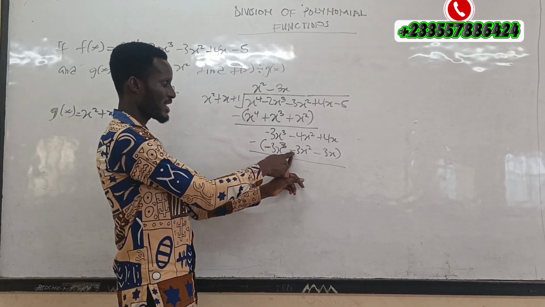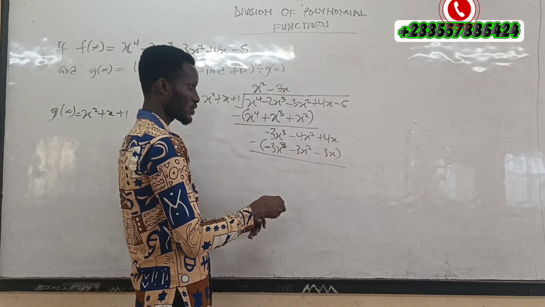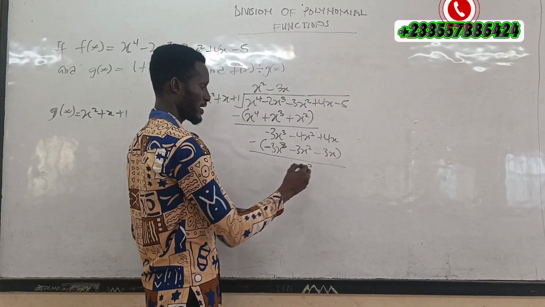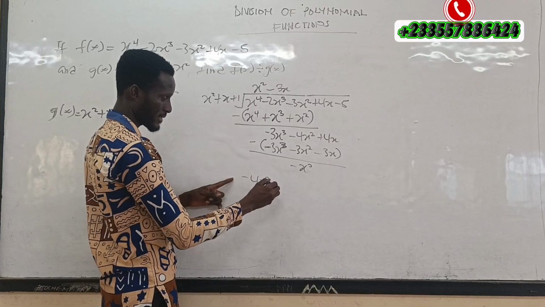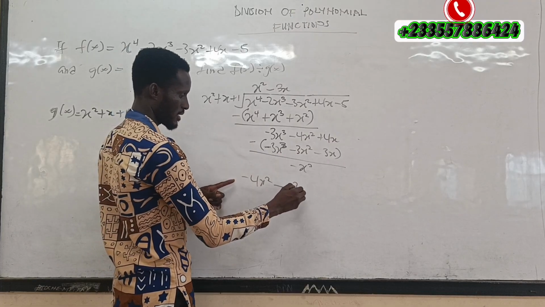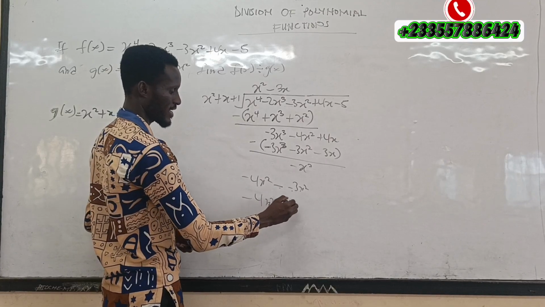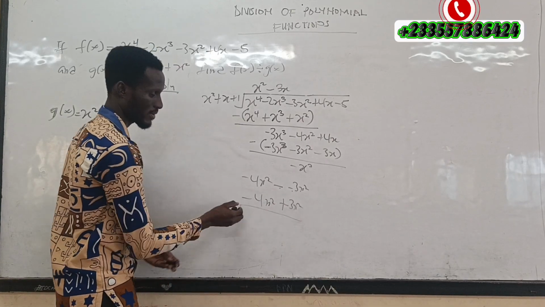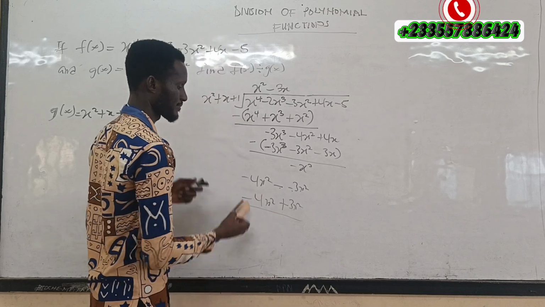Now this minus minus will be plus, so we have minus 4x squared plus 3x squared, which will give us minus x squared. Now look at it, where it is minus 4x squared, then minus minus 3x squared. So we have minus 4x squared, minus minus will give us plus 3x squared. So this one will give us minus x squared. You have to just open your eyes when you are subtracting or adding.